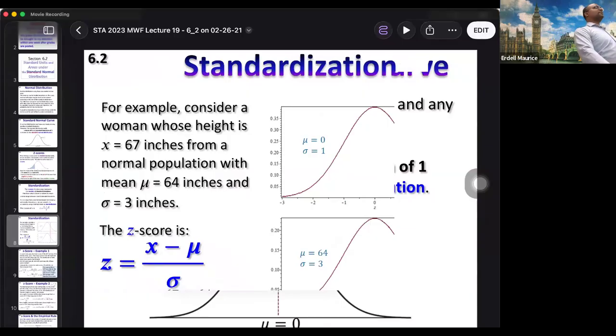SAT, you can get up to 800, ACT, up to 30. But if I subtract the mean and divide by the standard deviation, both scores will now be on par, because the mean for both will be 0 and the standard deviation for both will be 1. And then I will be able to compare scores from the two groups. Questions there?